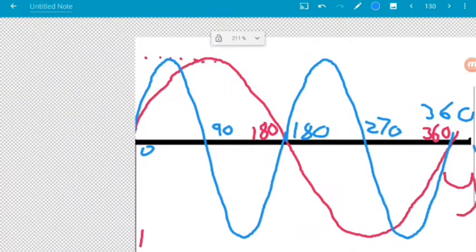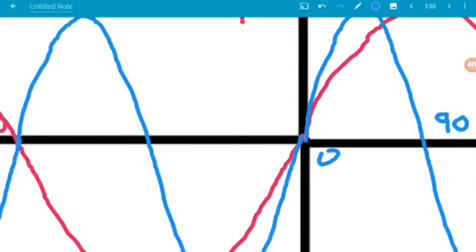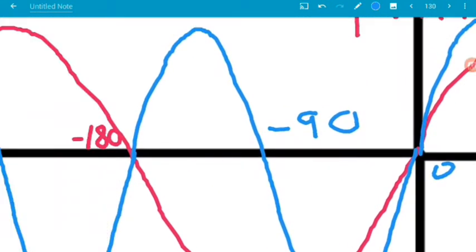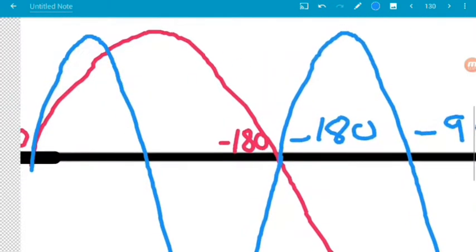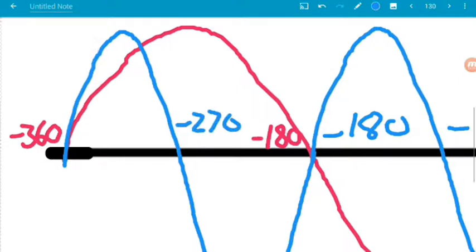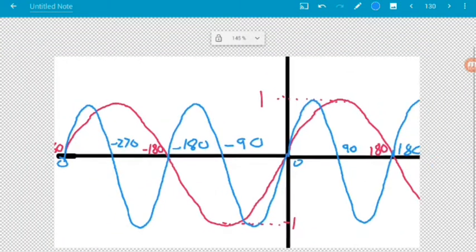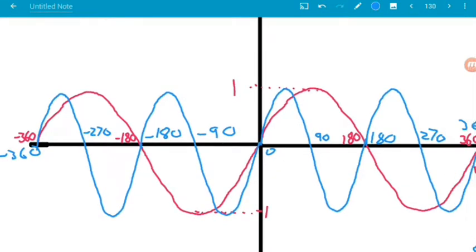Now back here, we're going to go through minus 90, minus 180 again, minus 270, and minus 360. So hopefully you can see what's going on here. We cut the x-axis twice as many times in the same interval.